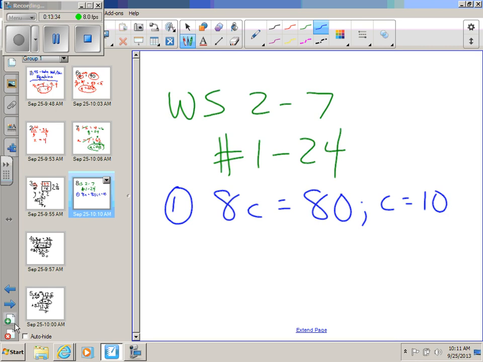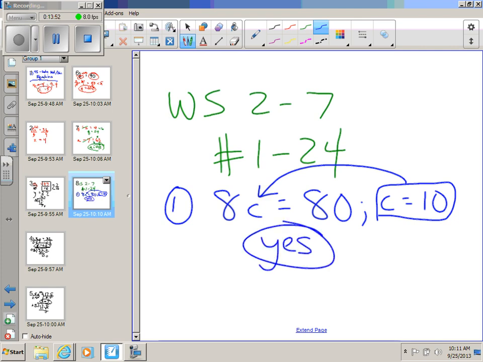How do you know for sure if this is a solution or not? Willie? Yeah, I'm going to take their suggestion, take that 10, and plug it in. So 8 times the 10 they suggest. Does it give us 80? Therefore, yes.